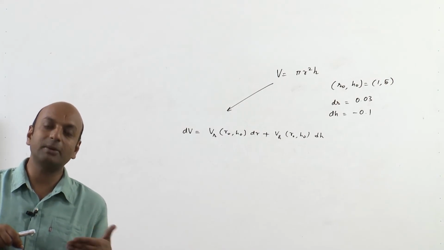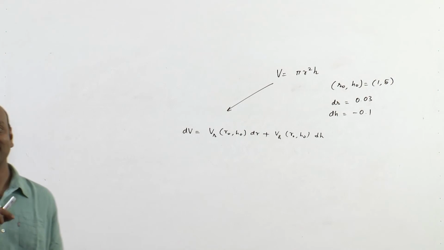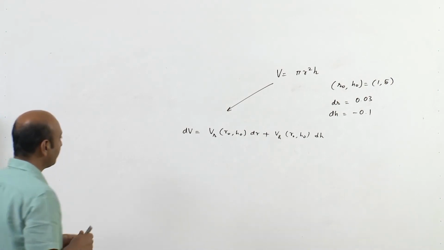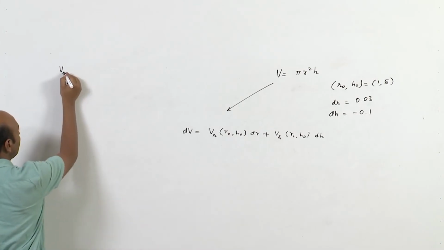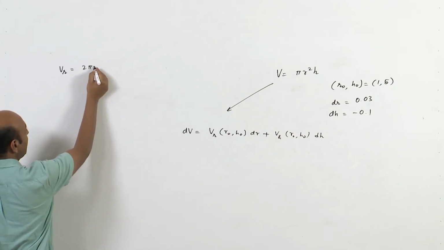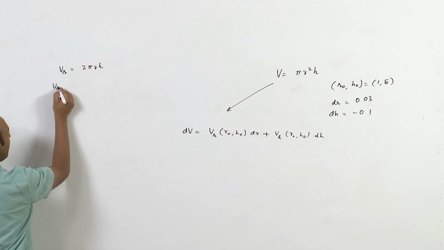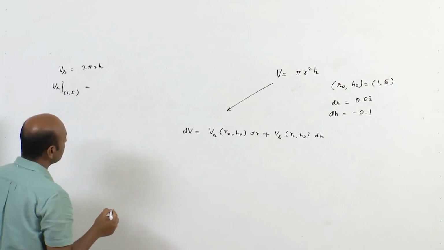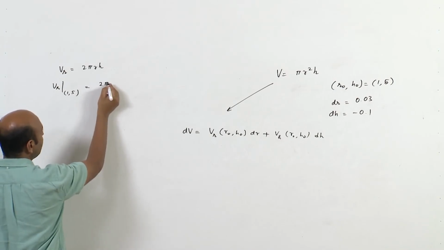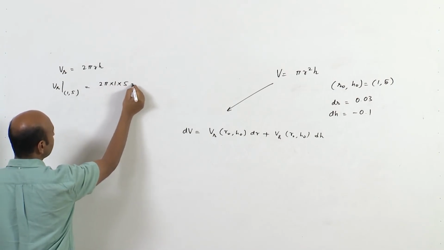So, we have to differentiate partially with respect to r and h only, and the function is v. Okay. So, what is Vr? First we find Vr. Vr will be 2 pi r h, and Vr at 1, 5, which is r naught, h naught, is 2 pi into 1 into 5, which is 10 pi.